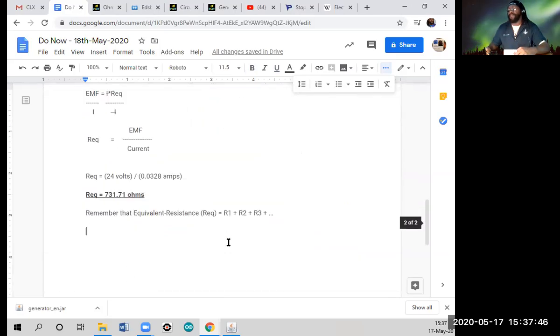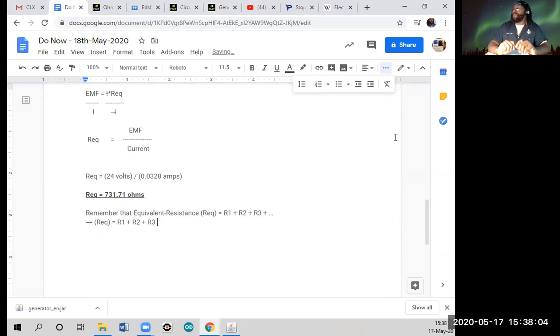So there's a lot of algebra in this problem, so don't get frustrated. I just told you it was coming since 4 weeks ago. So I'm going to take this, because we only got 3 resistors. And we're going to say what? Well, we know this is the equation to find equivalent resistance, and it would go to R4, R5 if you had more resistors.